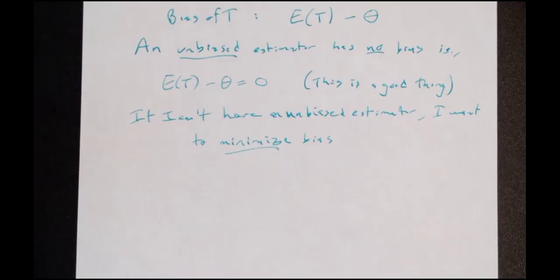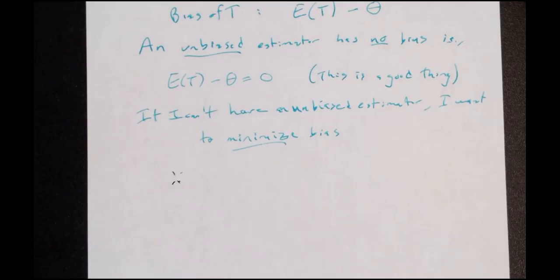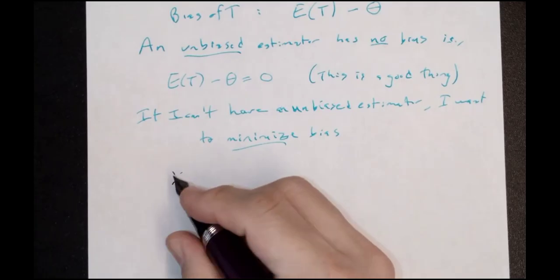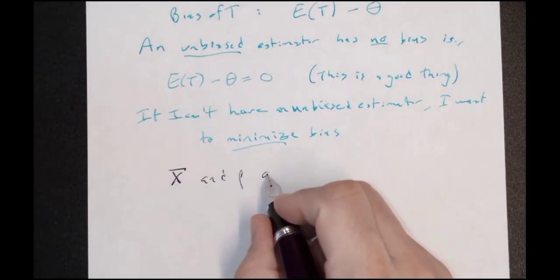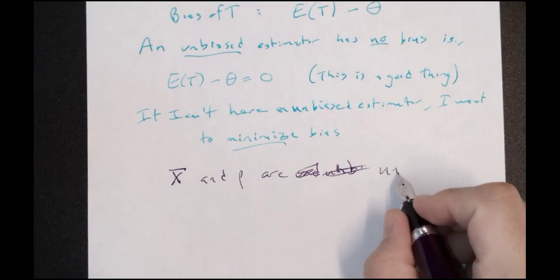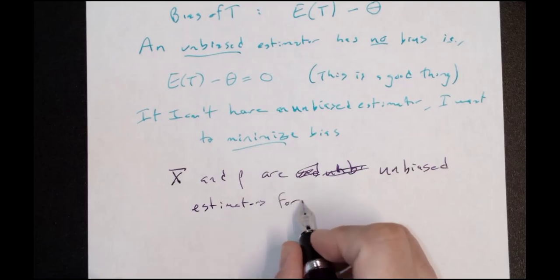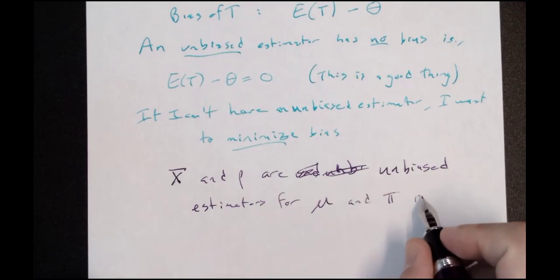It turns out average and proportion are unbiased estimators for mean and proportion, respectively.